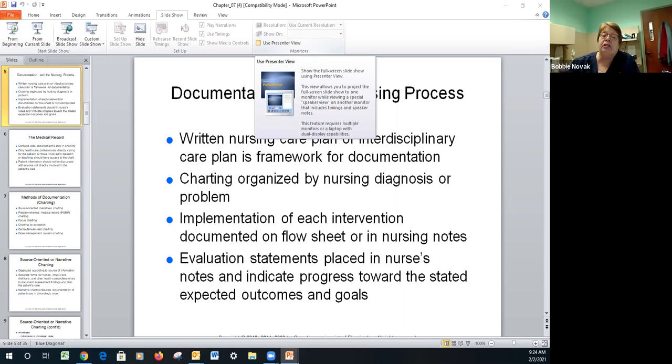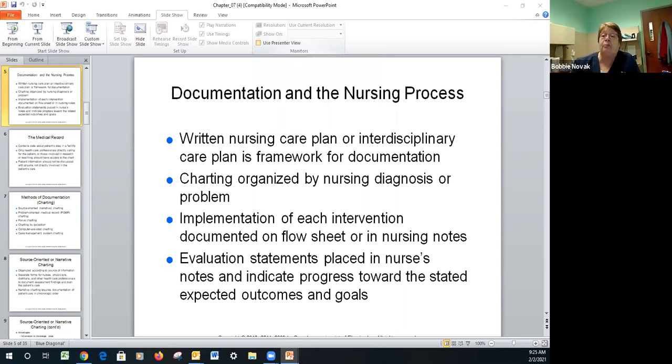Implementation of each intervention is usually documented on some kind of flow sheet or in the nurse's note. Your medication administration record is like a flow sheet to say that you gave your medicine. Treatment administration record is a flow sheet that says you did your treatment. And then if there's something different about giving the medicine, or you need to evaluate the wound and document on it, then you're going to document it in the nurse's notes.